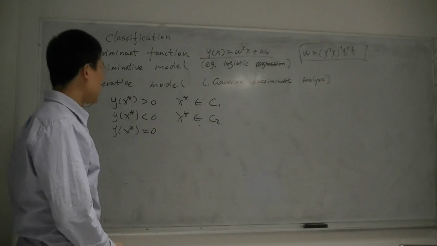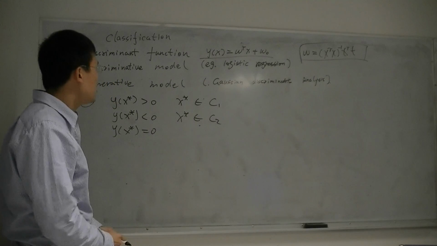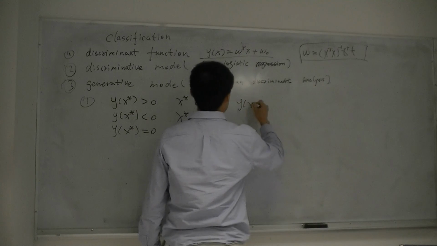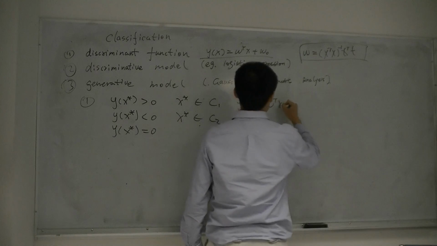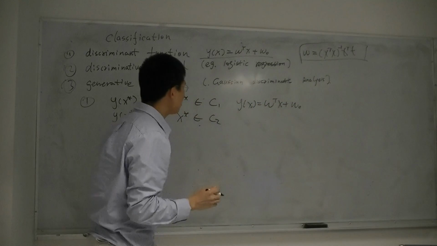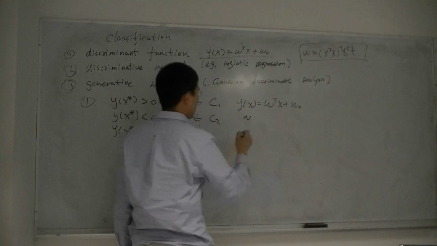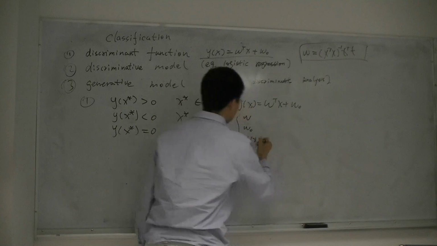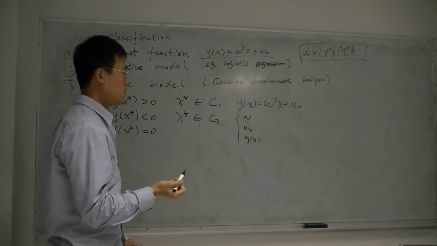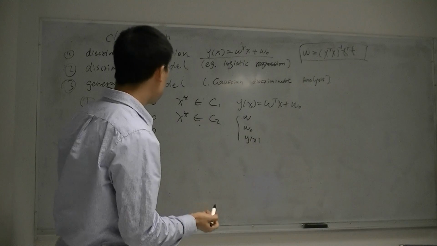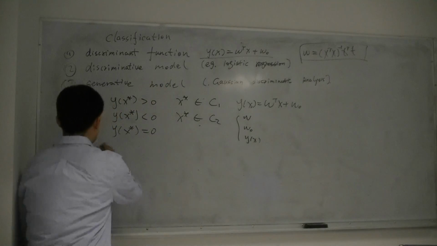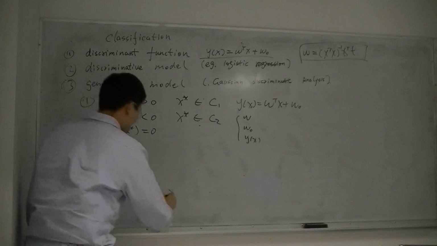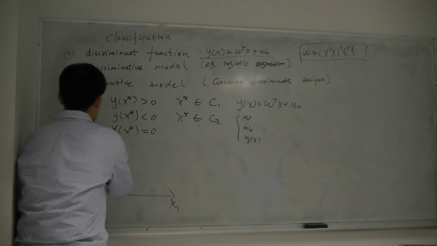And I will give you a geometric interpretation of this function y of x. As we see, what is omega, what is omega 0, and what is this y of x from a geometric perspective. So let's first draw a picture here. We can see there is a two-dimensional case, so we have x1 and x2 here.